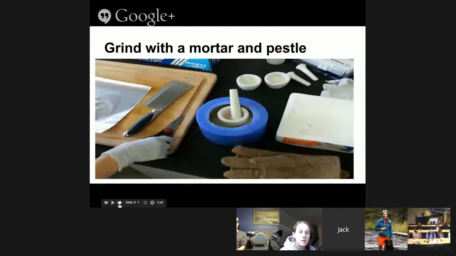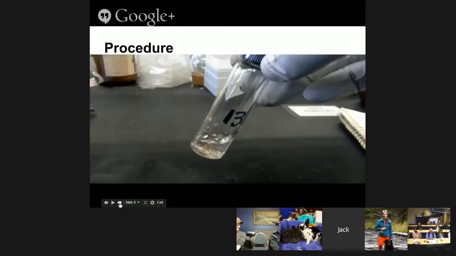The reason we put it in liquid nitrogen was so that when we ground it up, it would break the cell membrane. As you can see there, you can see the cell membranes in the little glass bottle.